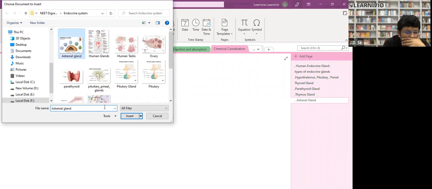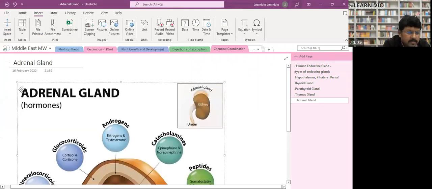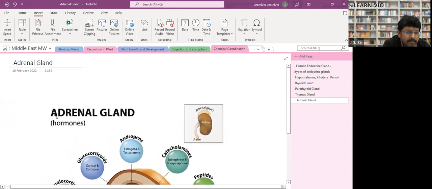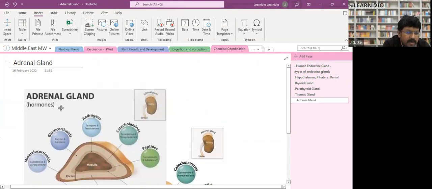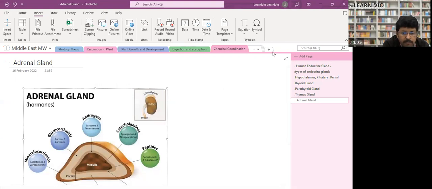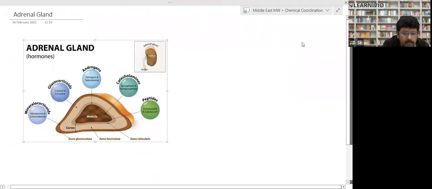Adrenal glands are found in a pair, and every kidney has an adrenal gland at the top.